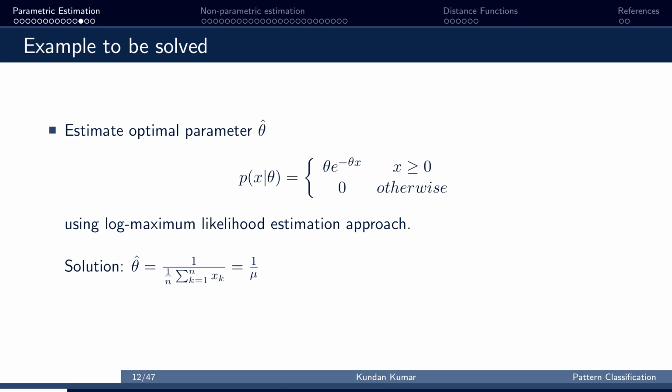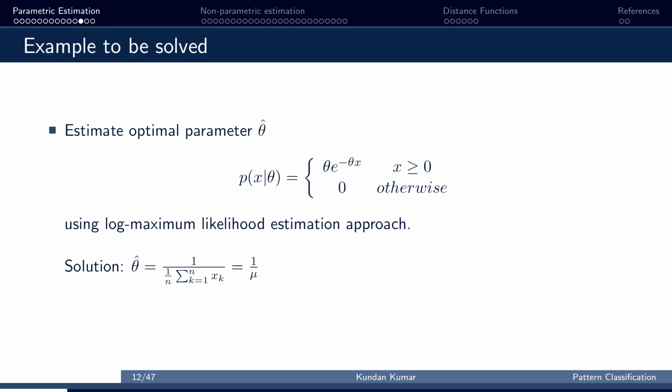So in the last lecture, we were discussing the parametric estimation technique where the parametric form of the densities were known, where the parameters which define that density function are unknown. So we have used the maximum likelihood estimation technique to estimate those parameters.